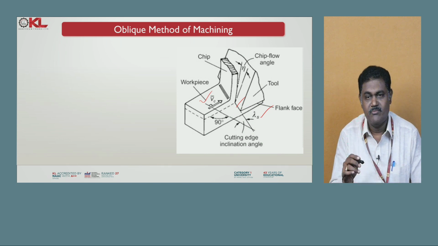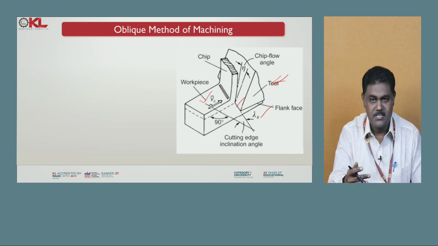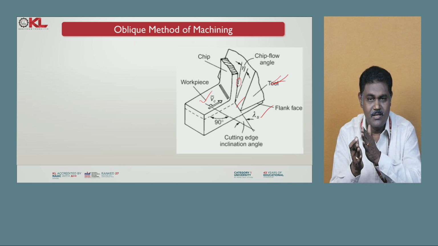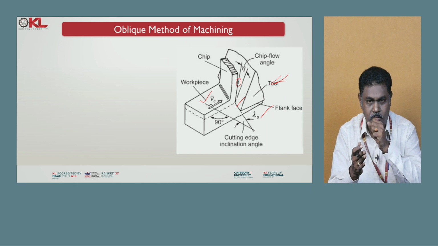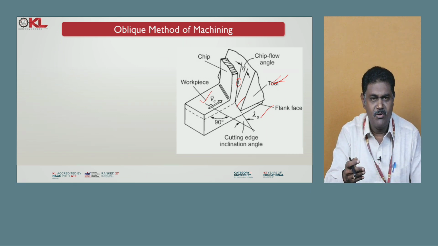In the oblique method of machining, there is some inclination, so the tool is moving with an angle. The workpiece and chip also, you can see that the entire surface of the chip is not touching the surface of the tool. This type of machining is called the oblique method of machining.